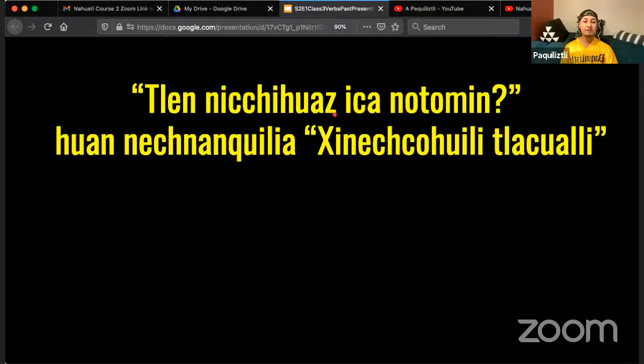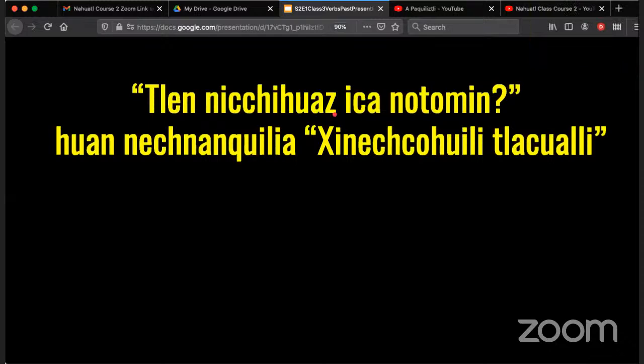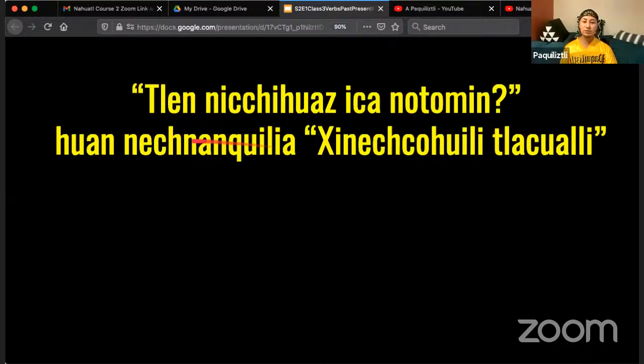Nikchiwa is already in the future tense, and you would keep it in the future tense, because he's saying like, what will I do with my money? So it's already in future tense. Nechnanquilis. Kena. You only need to really change the nechnanquilis.